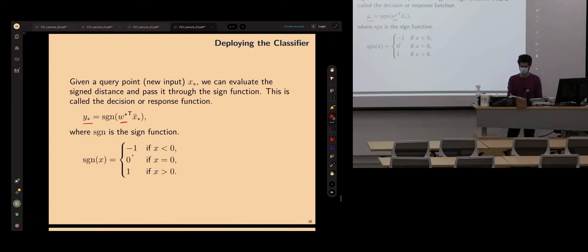The sign function will give you -1 if X is less than 0, right? That's the definition of the sign function in math. 0 if X is 0, and 1 if X is positive. Then what does it mean? If I give the classifier new input and it gives me -1, that means the new input belongs to that category that we assigned -1, right? So then we can make predictions. This is the prediction part.